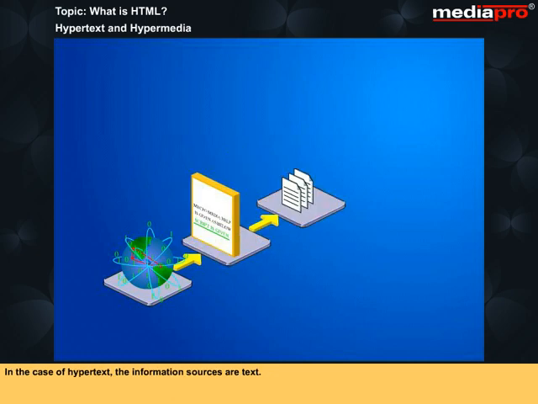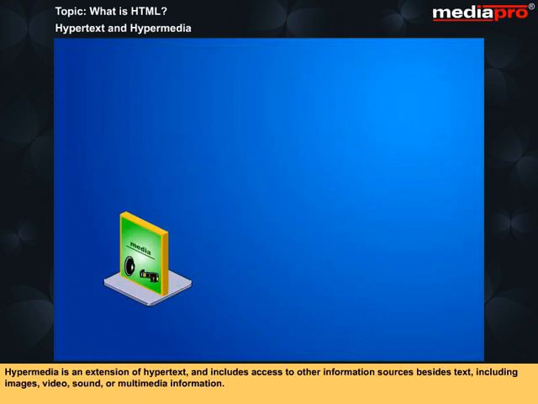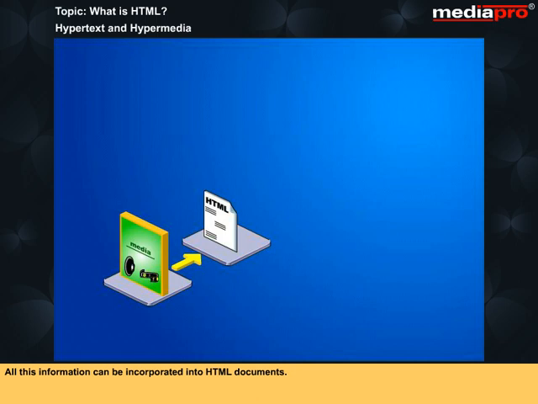In the case of hypertext, the information sources are text. Hypermedia is an extension of hypertext and includes access to other information sources besides text, including images, video, sound, or multimedia information. All this information can be incorporated into HTML documents.